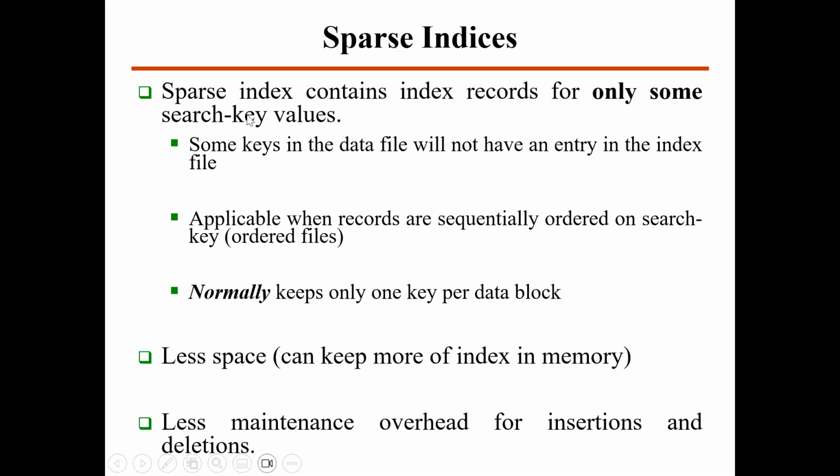So that is the reason why the sparse indexes are much smaller than the data file. It is applicable when records are sequential. Creating a sparse index is only possible when the records inside the data file are sequentially ordered on a search key. Ordered file.